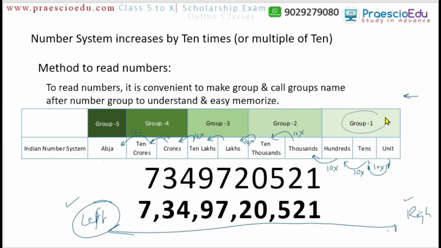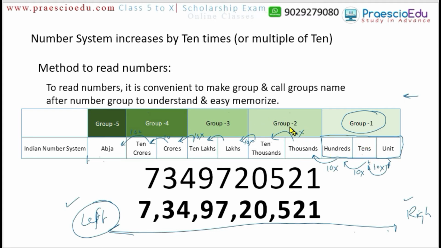Here on the screen you can see group 1, group 2, group 3, group 4 and group 5. In this lecture we are studying up to the abja. After abja also some groups are there, but just concentrate on up to the abja. In one group, these three place values are considered together: unit, 10 and 100.